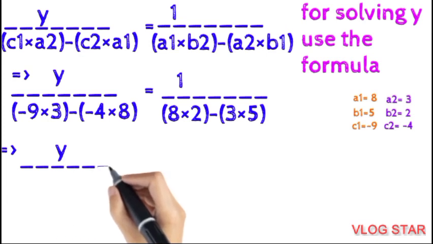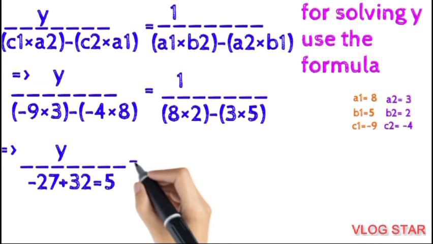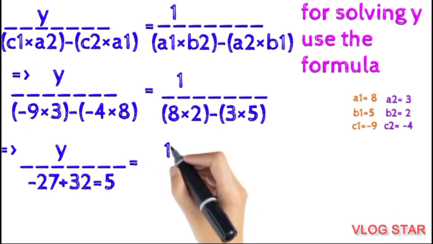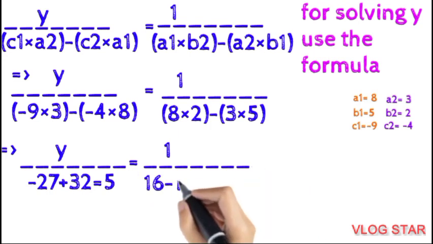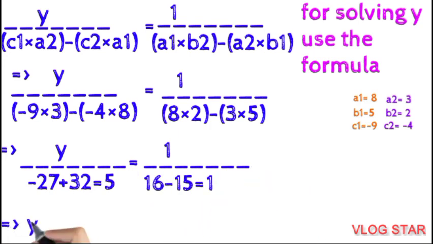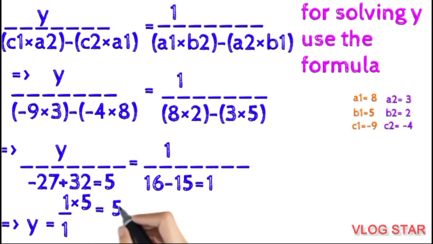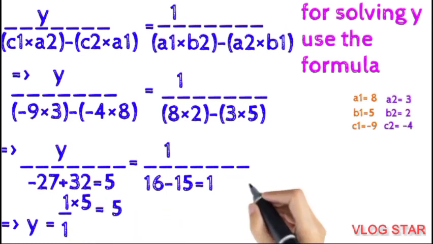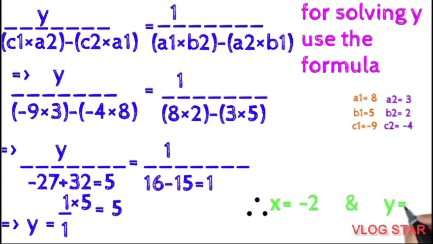That implies y by (minus 27 plus 32) equal to 5, equal to 1 by (16 minus 15) equal to 1. That implies y equal to 1 into 5 by 1. That implies y equal to 5. So thereby y equal to 5 and x equal to minus 2.